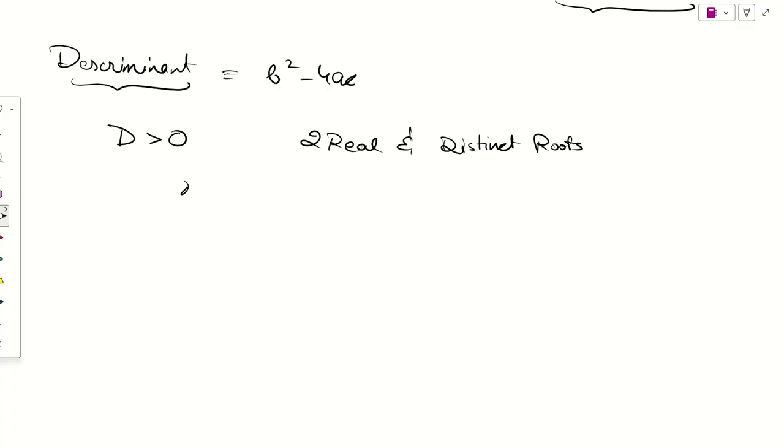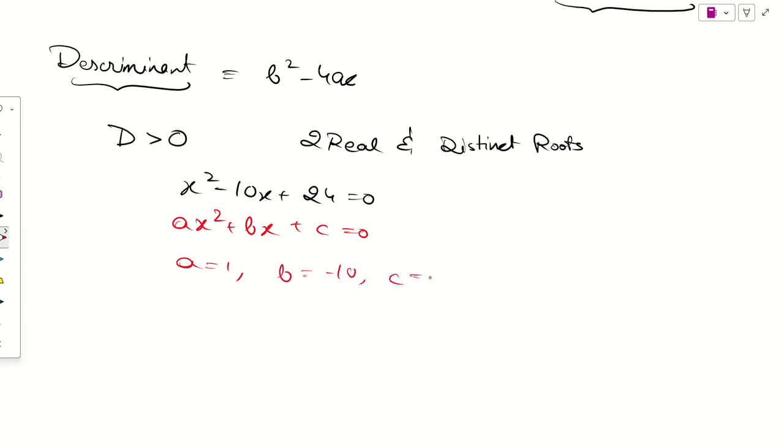Let's take an example. First we have to compare it with the standard form. From here we get the a, b, c coefficients. A will be 1, b will be minus 10, c will be 24. So from here, can you put these values in your D?